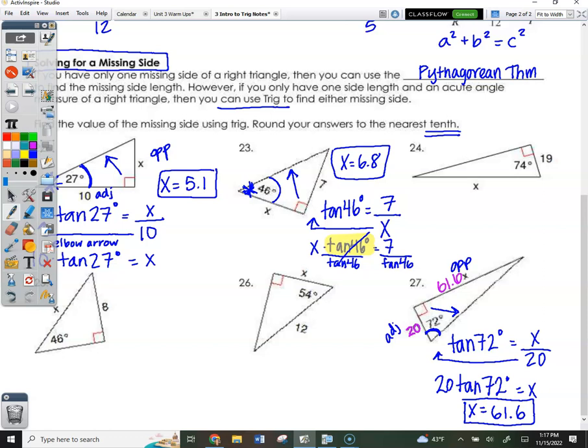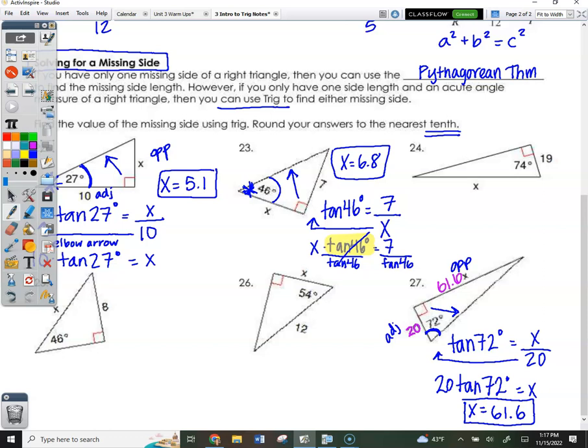What is the measure of the angle opposite of side 20? You know enough to find it. 90 plus 72 is 162.